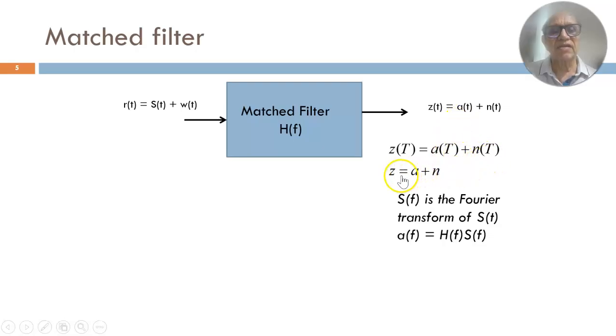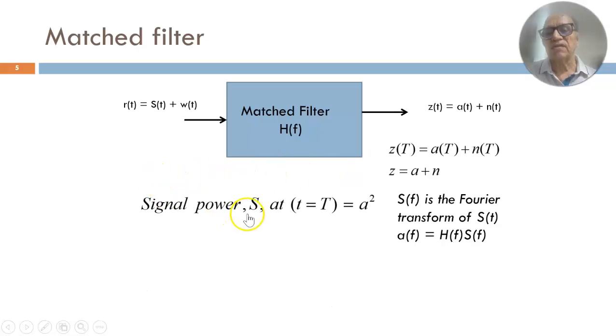In short, we can simply write this as z equal to a plus n, realizing that a is the value of the output signal at t equal to T, and n is the value of the noise signal at t equal to capital T, end of the bit time. Okay. Now signal power at t equal to T is a squared here.